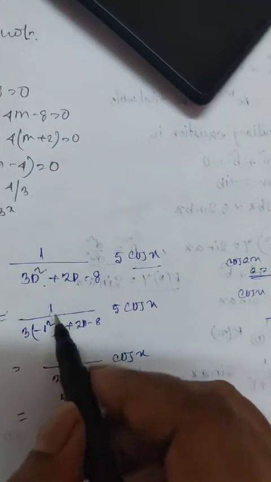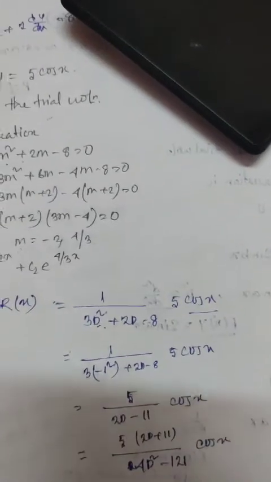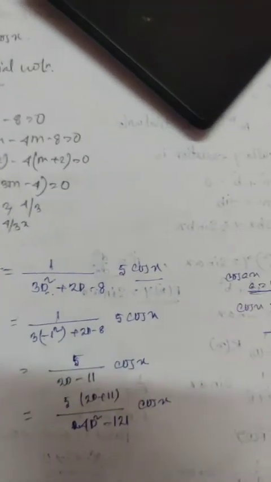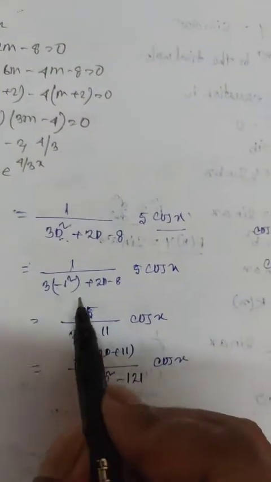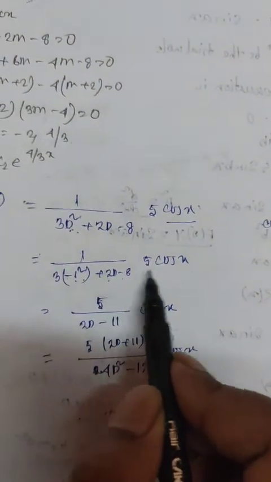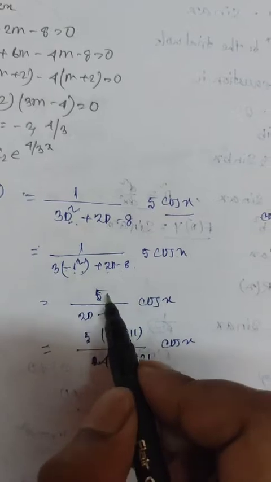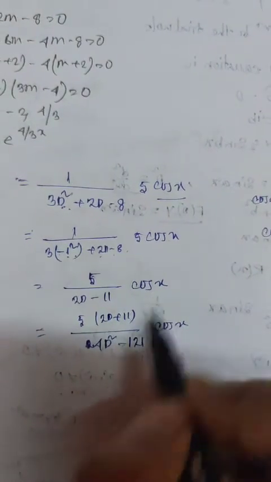So d square is replaced by minus 1 square. What do we get? 3 into minus 1 square plus 2d minus 8, 5 cos x, and from here we get 5 by 2d minus 11 cos x.